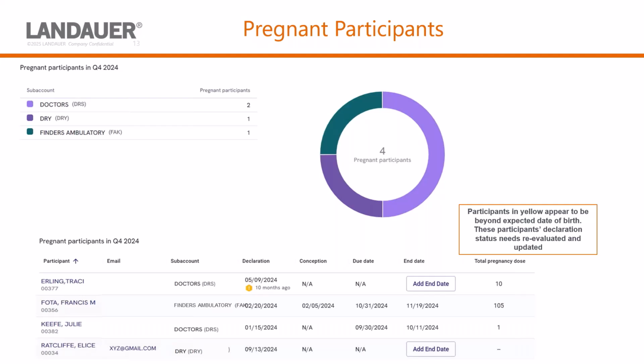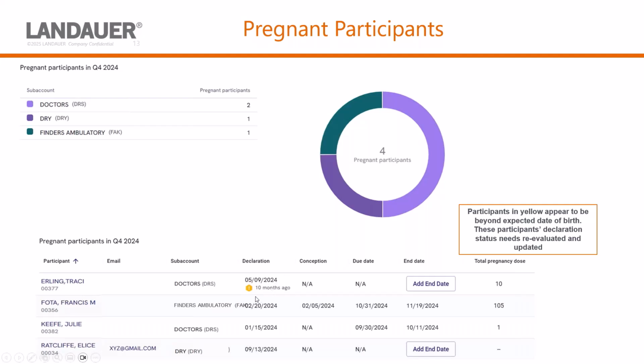You cancel it, and you also have to add your end date. You'll see this here. If you don't add the end date, it keeps accumulating exposure, because if you accidentally cancel that fetal dosimeter, the system is saying, well, I want to be able to catch any exposure to the fetus that I can because they didn't properly do it, just in case.